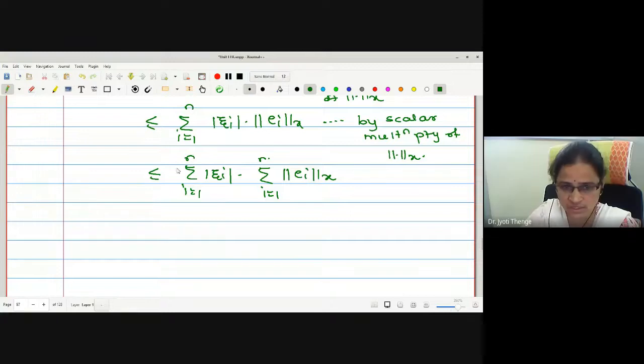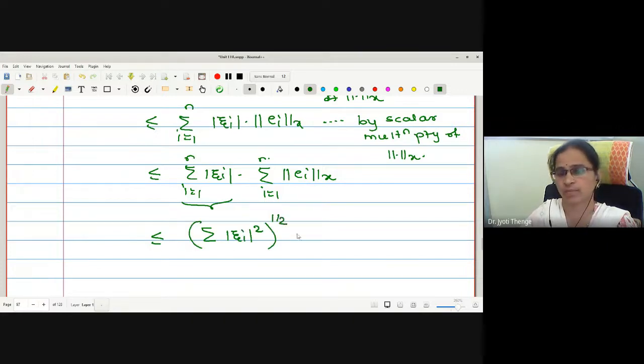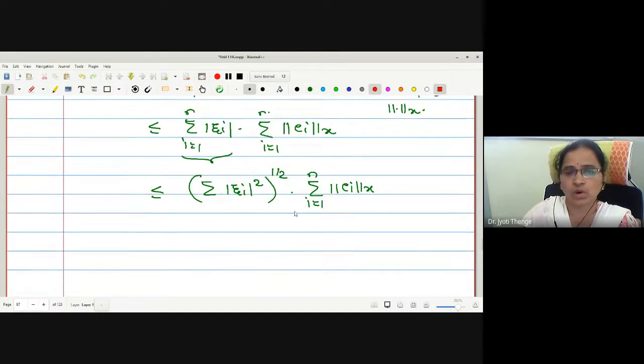Next statement. This term, I am going to replace by a less-than-or-equal relation as summation mod zeta i squared, raised to half. Norm x of e i, let me keep as it is. Now, what do you think is the relation between these two terms?